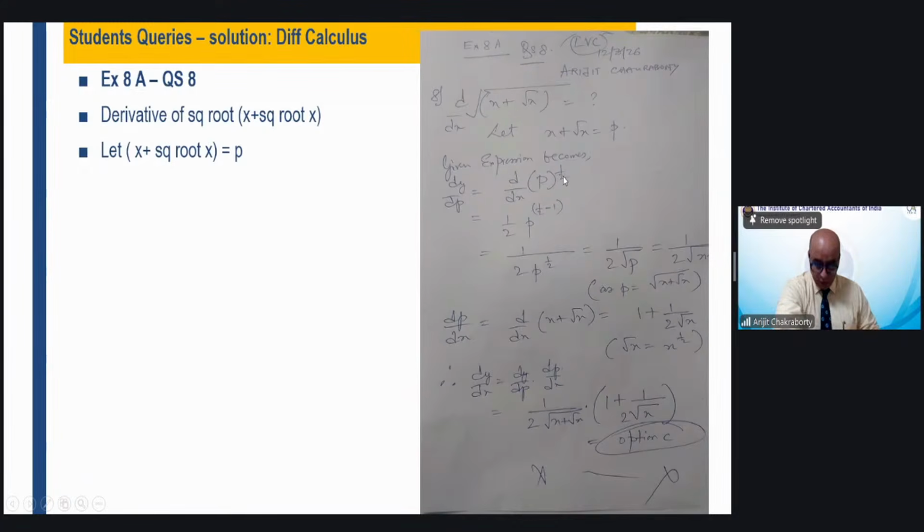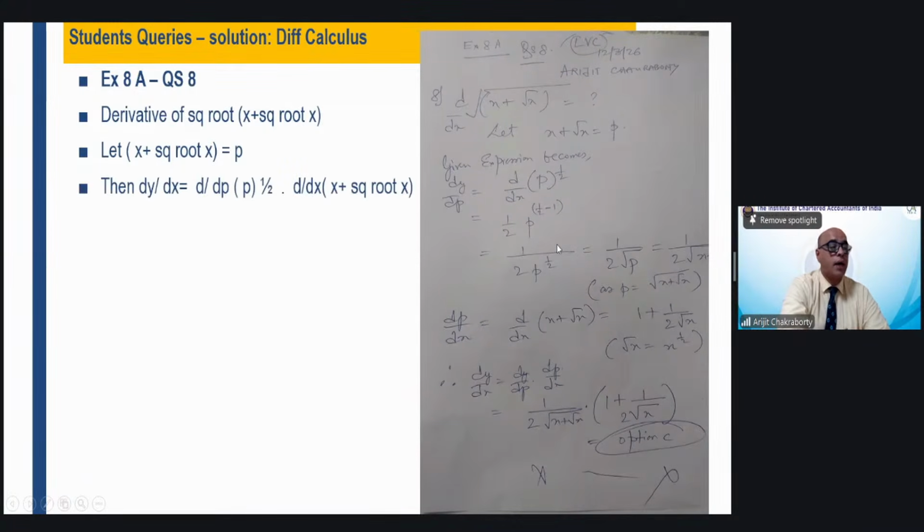Now square root of p means p to the power half, p to the power 1 by 2. This is of the form p to the power n, and we have discussed that p to the power n after differentiation becomes n p to the power n minus 1.